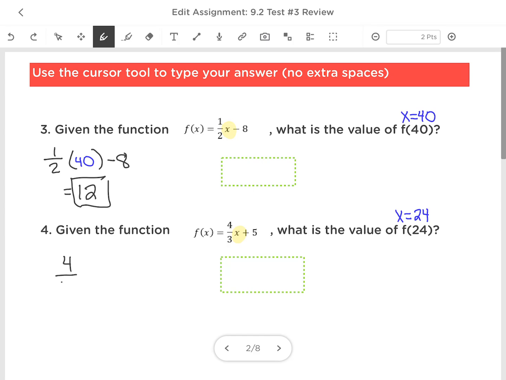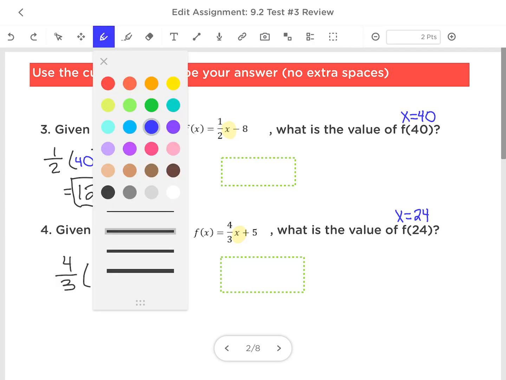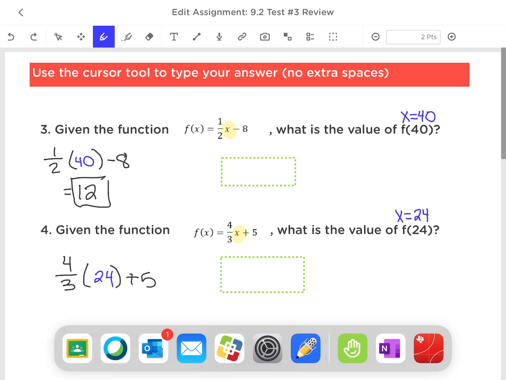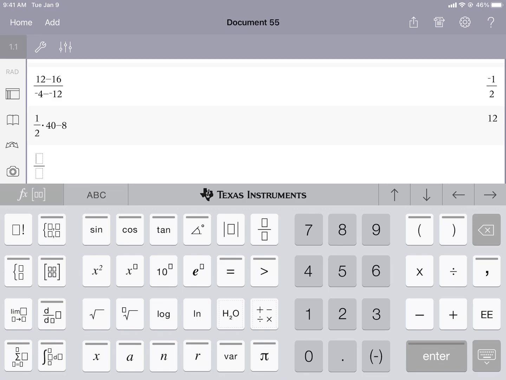So I have 4/3 times, again, instead of the x, I'm substituting in the number 24. So I'm going to plug that into my calculator. So 4/3 times 24 plus 5. So fraction 4/3 times 24 plus 5.